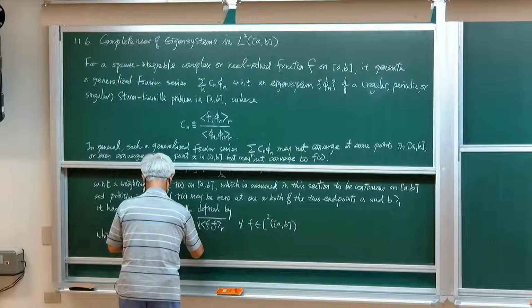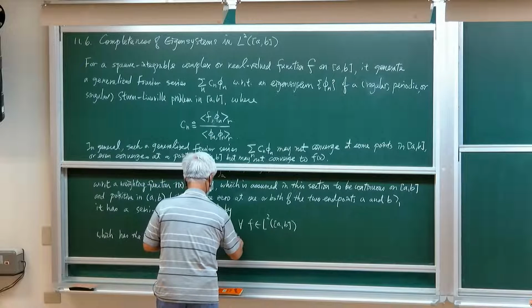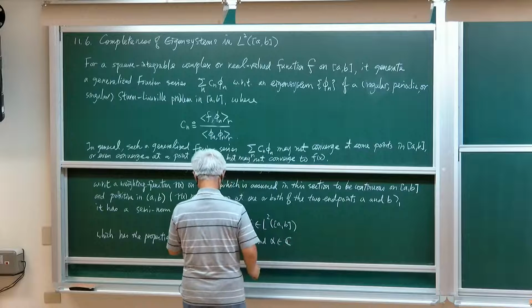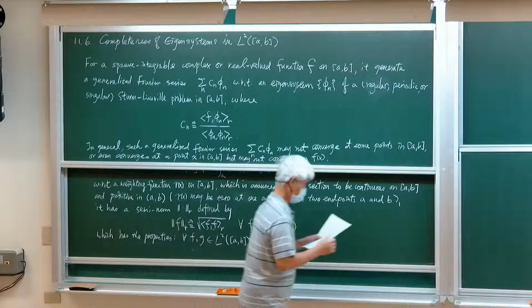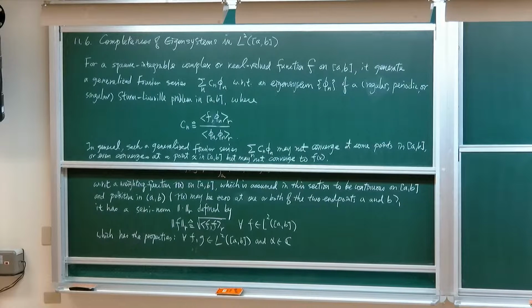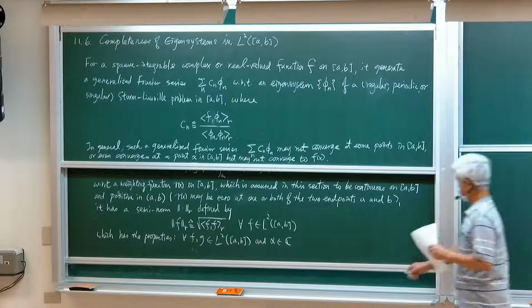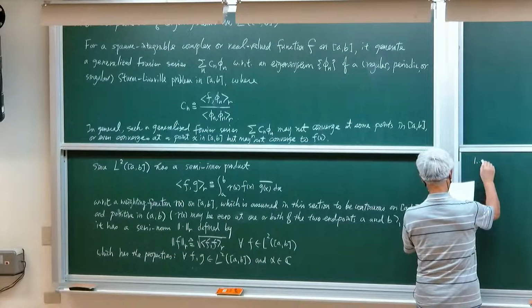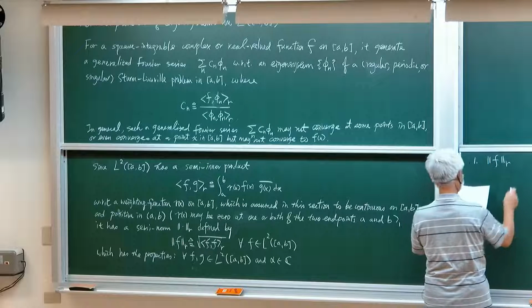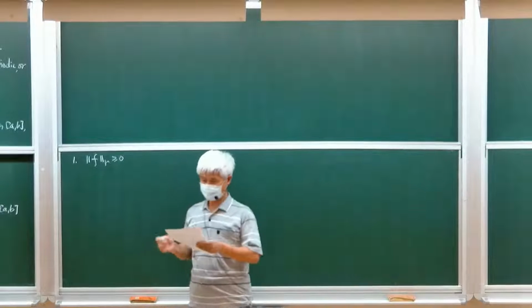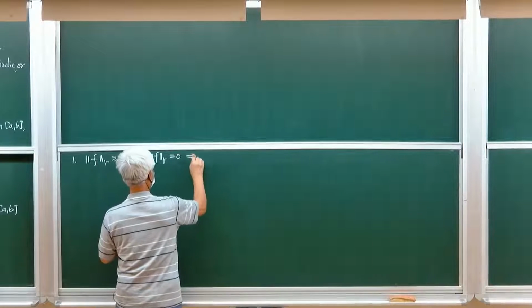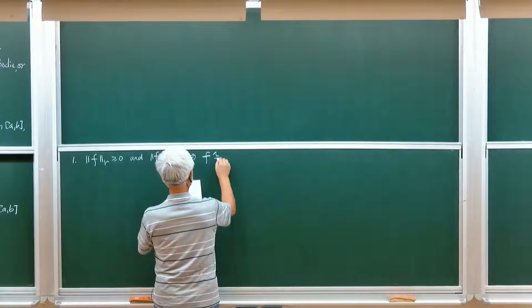So for all f, g in L2 and alpha in C, alpha is a constant. One, the semi-norm will be non-negative, and the semi-norm is 0 if and only if f is equivalent to 0.